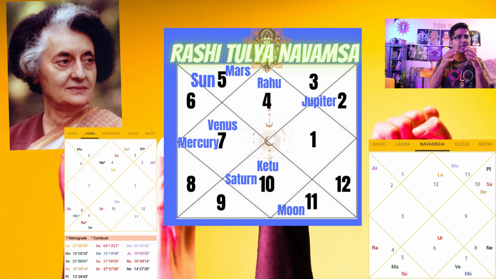So guys, what did we learn today from the Rashi Tulya Amsa concept? Let me summarize it. When you look at the Lagan, you get to know the life path of someone, something which gives you concrete information about the significant events of your life. When we open the D9 chart, this is a chart of your luck, your fortune, the individual caricature of your soul. Now, how do these subtle vibrations of your fortune, of your bhagya, influence you in your life?